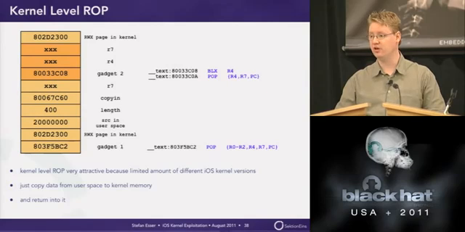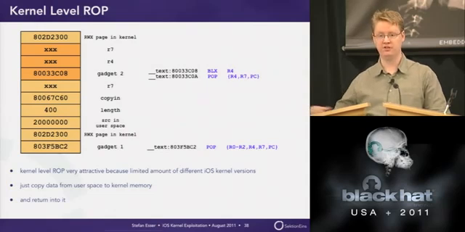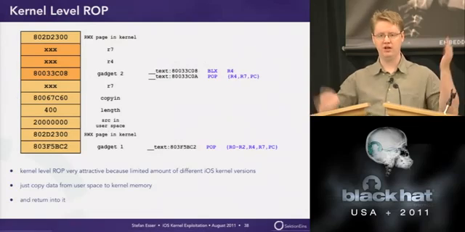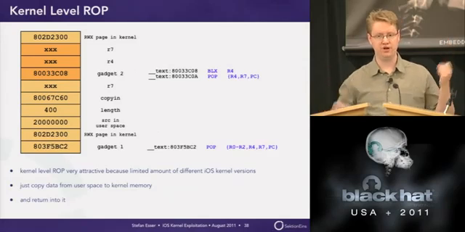Yeah, and it's very attractive to have return-oriented programming in the kernel because there are not so many different iOS kernels around. And when you use gadgets only in the core part of the kernel, they're even the same for multiple kernels. If you use something in the space of the drivers, they're not the same because the drivers are shuffled for different devices.